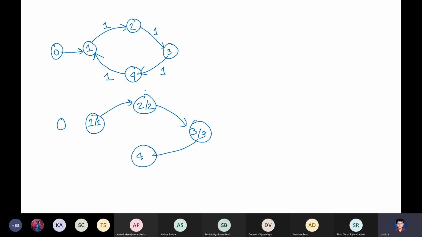This is 4, 4. And this is 1, 1. 0 has no output, or maybe I put 0 as an output. Okay, and on these edges there are transitions. So this is one possible way of representing.